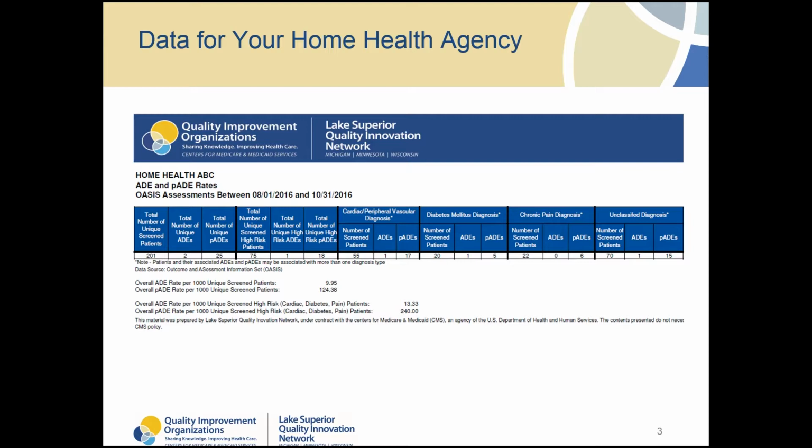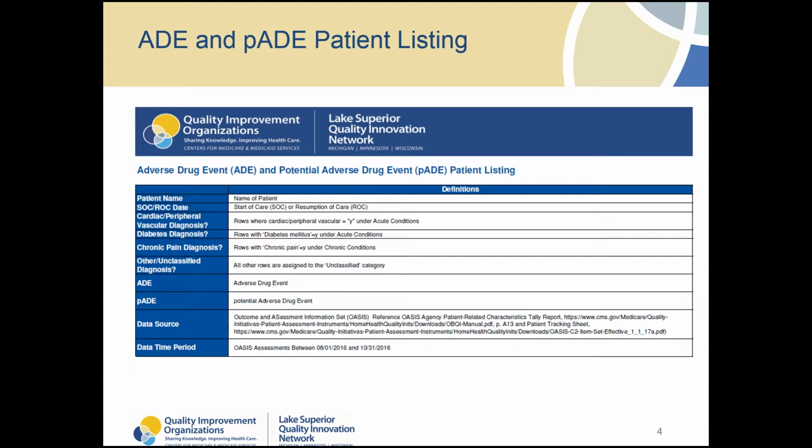Now let's look at the next report, which is the adverse drug event and potential adverse drug event patient listing. Let's look at the definitions for the columns in the report.